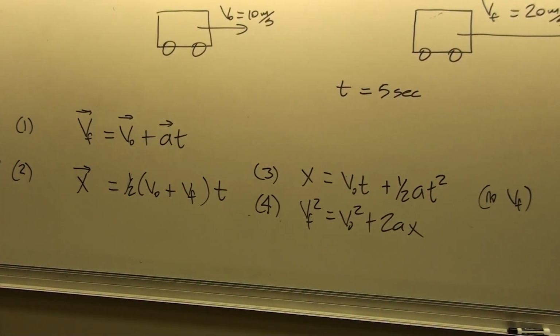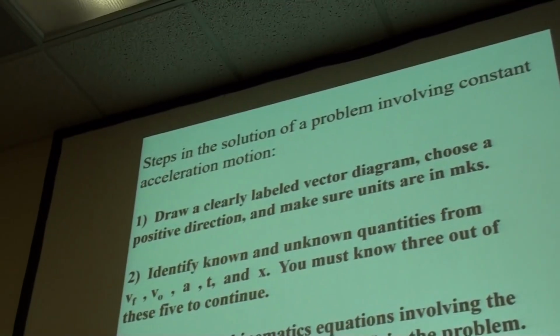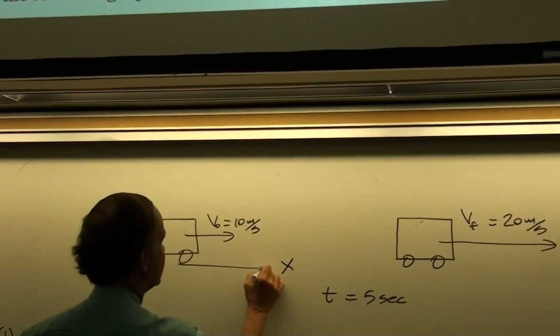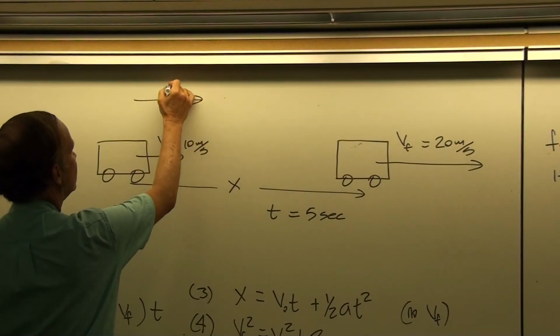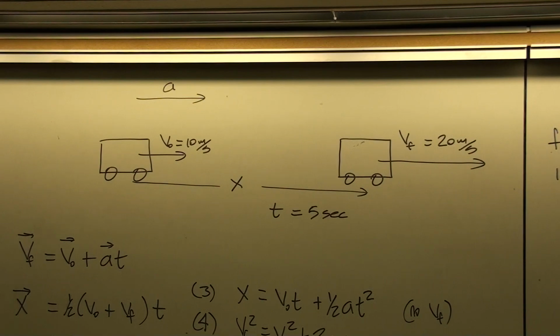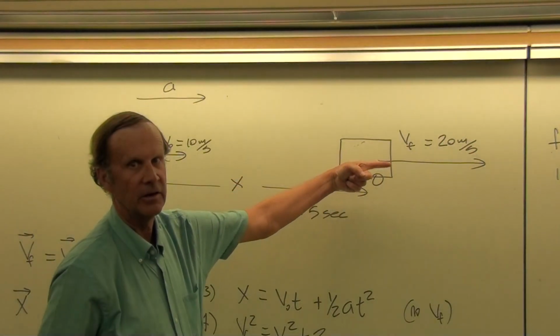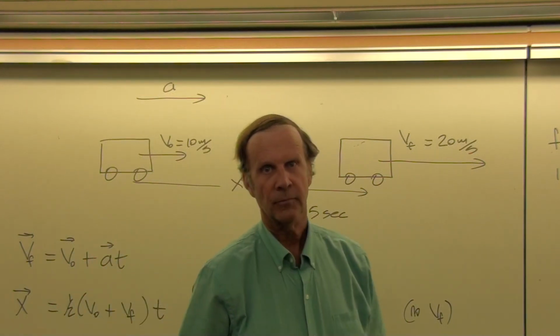Okay, so what do we do first? Well, in step 1, we draw a clearly labeled diagram. Now here I'm going to want to draw the x displacement vector in my diagram. And even though I haven't been told what the acceleration is, I know that the acceleration must be pointing in the same direction as the velocity vector, or else the object wouldn't be speeding up, right?